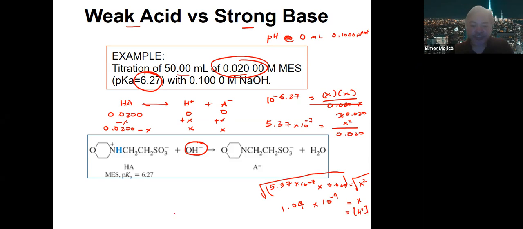So my starting pH would be the negative log of that, which is 3.98. So try. This is the pH before you add the NaOH.